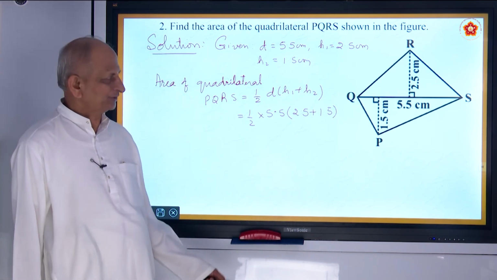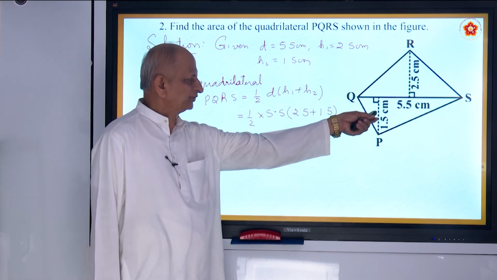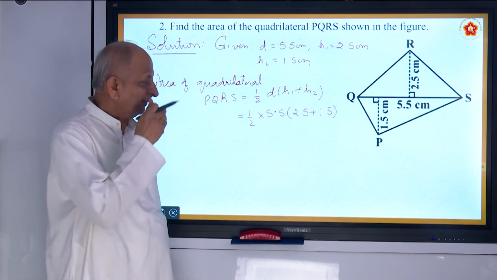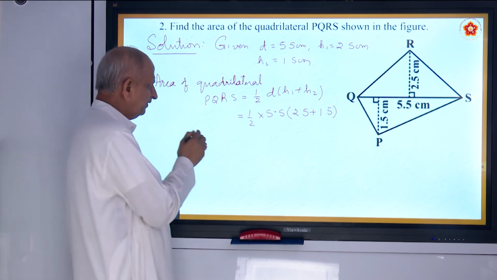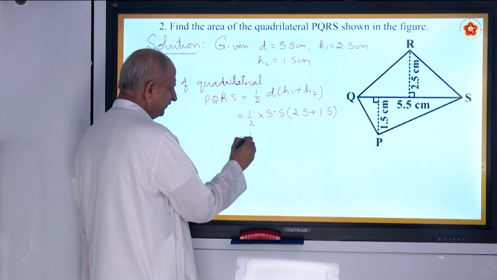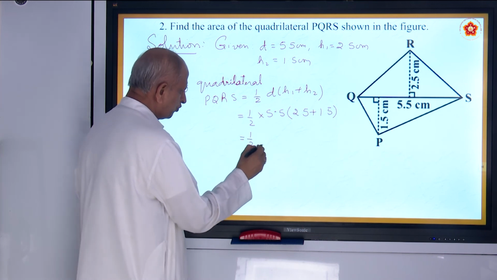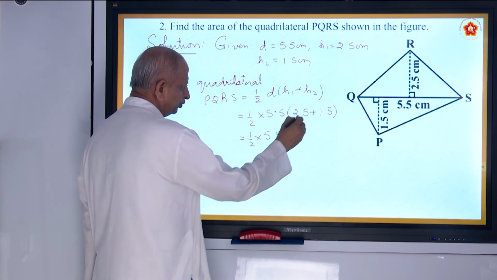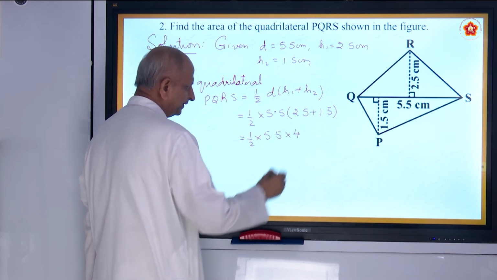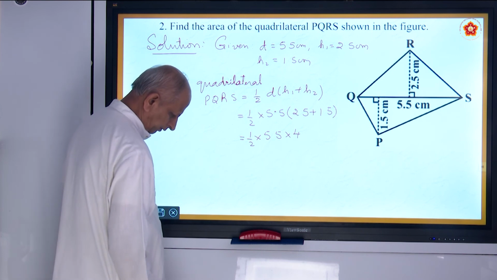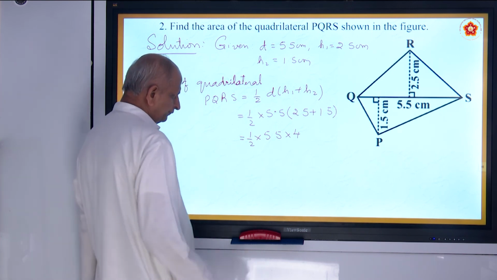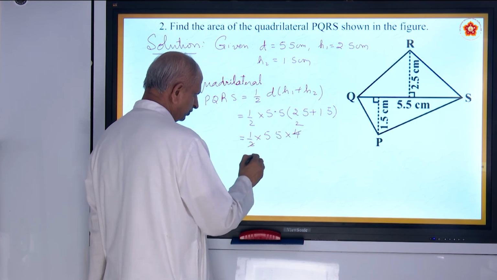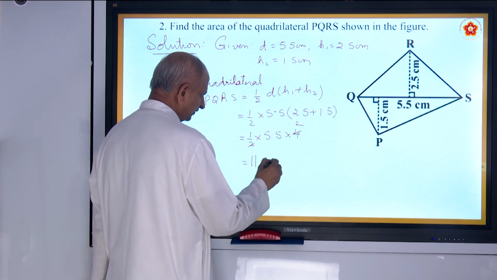Another way of asking the question. They give the figure and ask you to find the area. In the earlier problem, the names were also given. Here the names were not given. So that is half into 5.5 into, this is 4. 2.5 plus 1.5, that is 4. So 2 ones are 2, 2 twos are 4. It becomes 11 square centimeters.